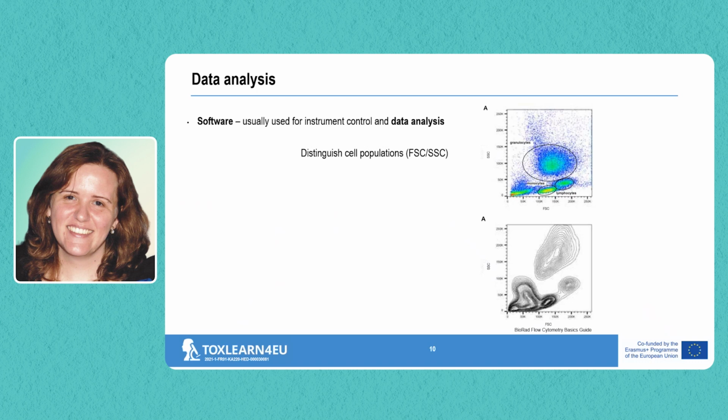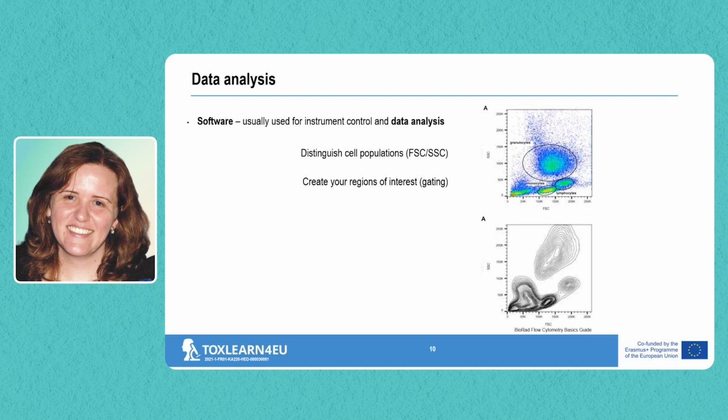So this will plot size against complexity. And with this, you will be able to see different populations in your sample. And you can use dot plots, which is what I was showing in the previous slide, or you can also use contour plots. Most of the software will provide you these two possibilities.